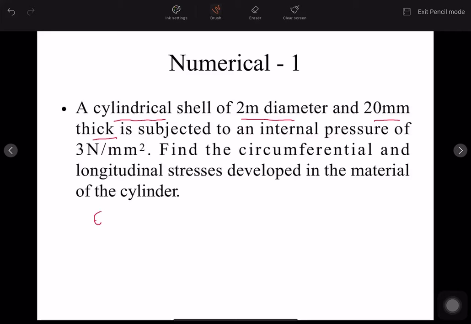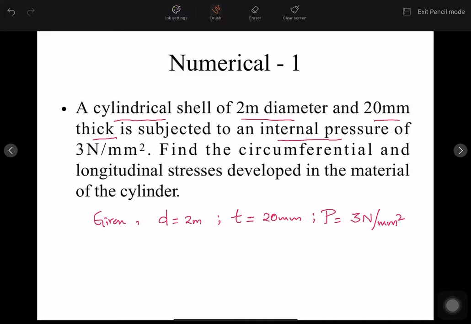If you write the given data, small d equals 2 meter and thickness is given as 20 mm, is subjected to an internal pressure. Our capital P or small p, whichever you consider, is given as 3 Newton per mm square.